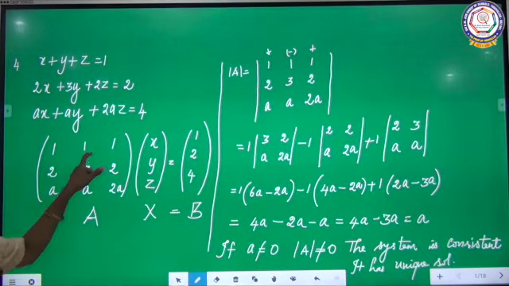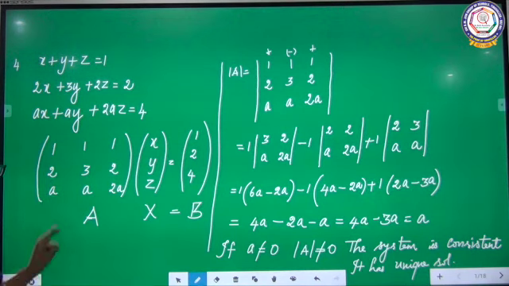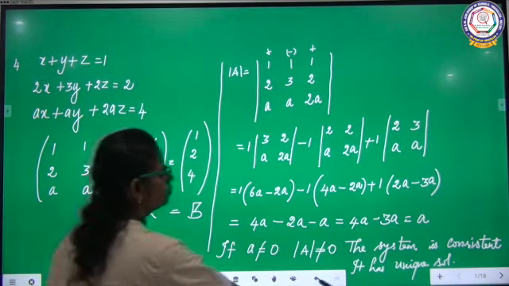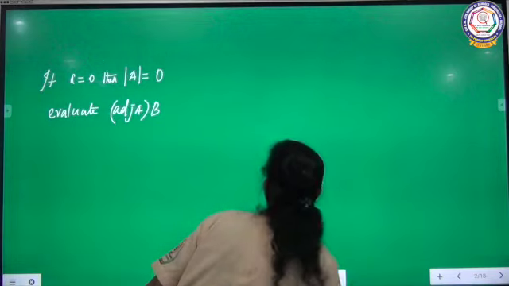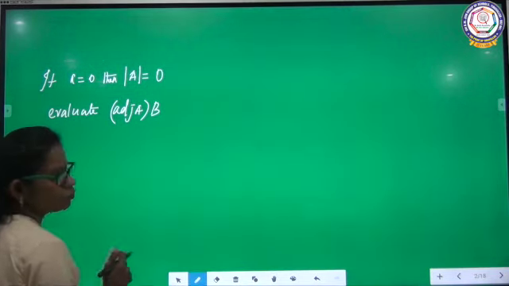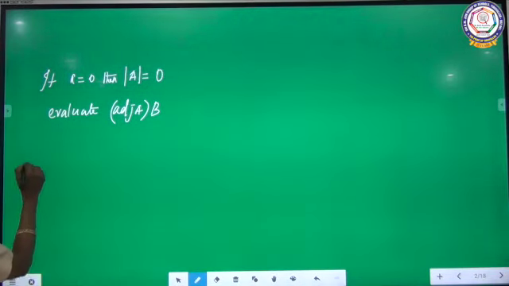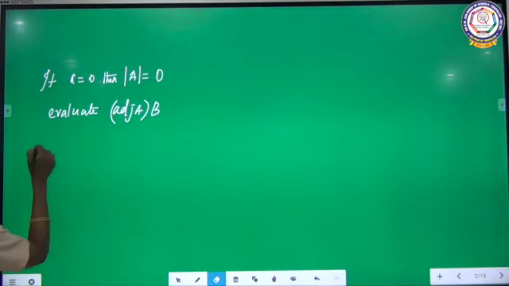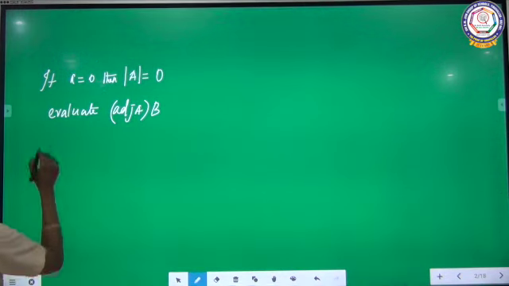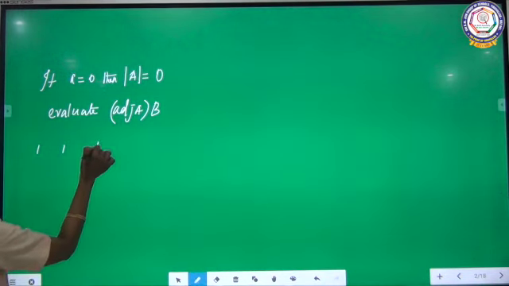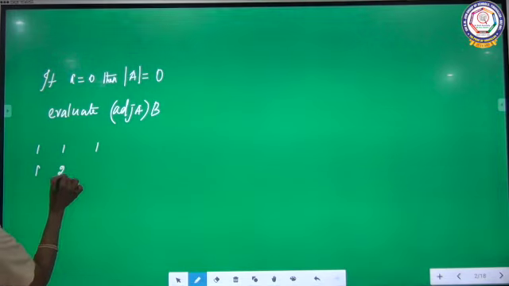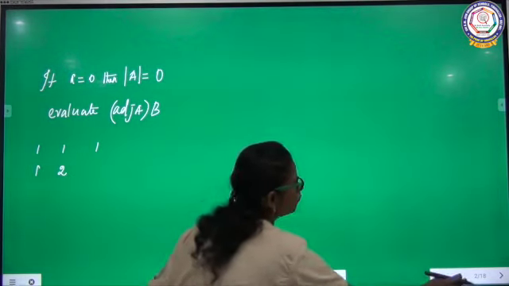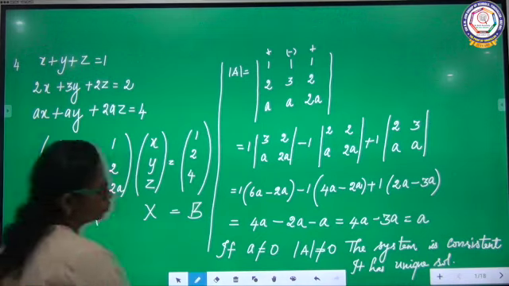You see 1, 1, 1; 2, 3, 2; A, A, 2A. Before adjoint of A, you should write the matrix A first. Matrix A equals 1, 1, 1; 2, 3, 2.